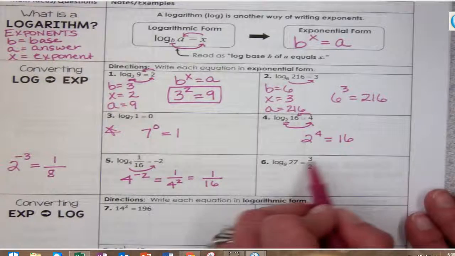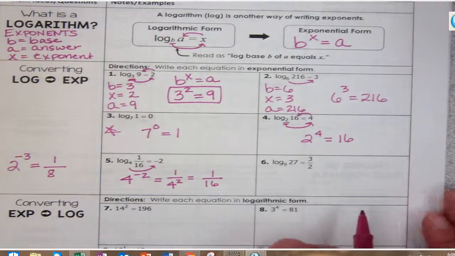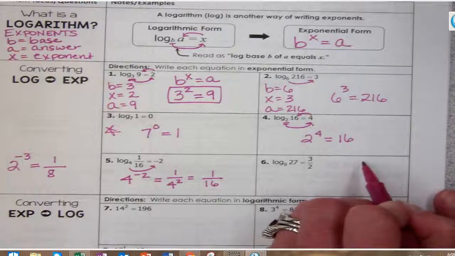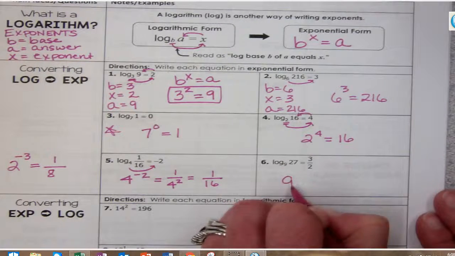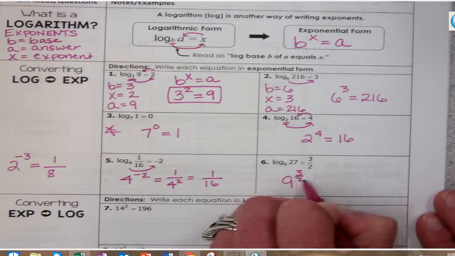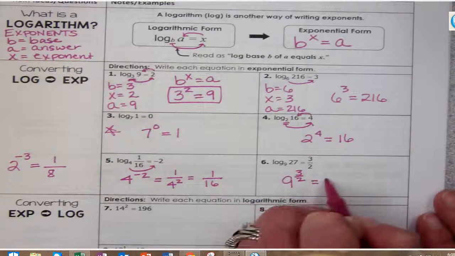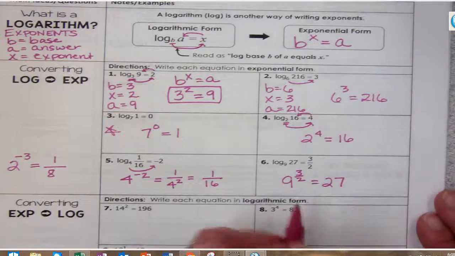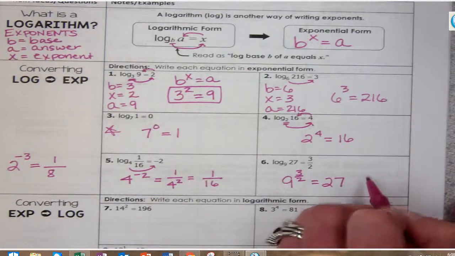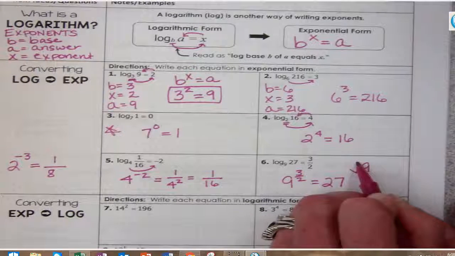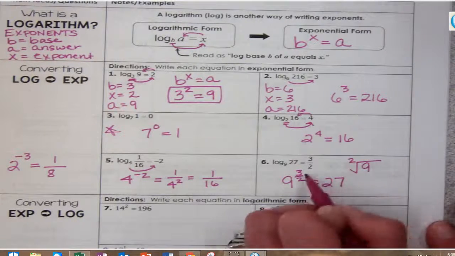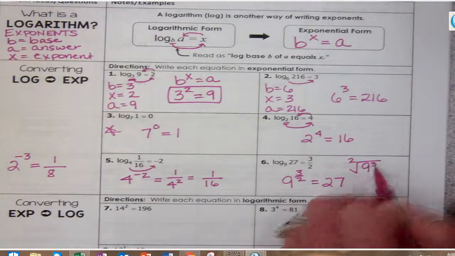Now we also know that when we have a fraction like this as an exponent, do you guys remember this? This is basically saying 9 raised to the 3 divided by 2 equals 27. And what that's saying is the 2 is your square root, and the 3 is your power.